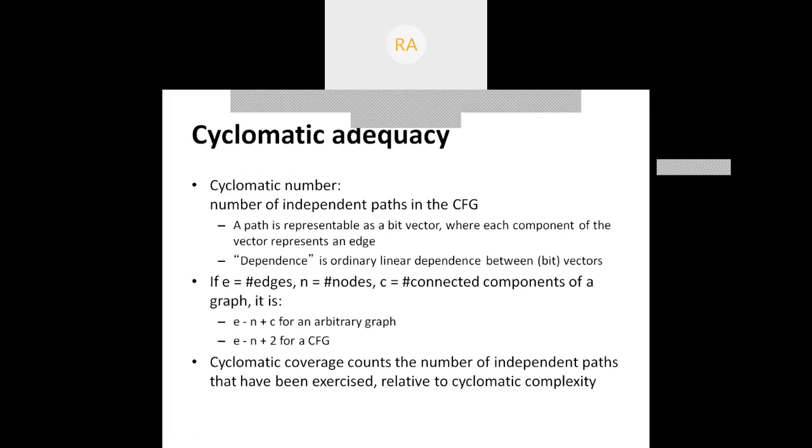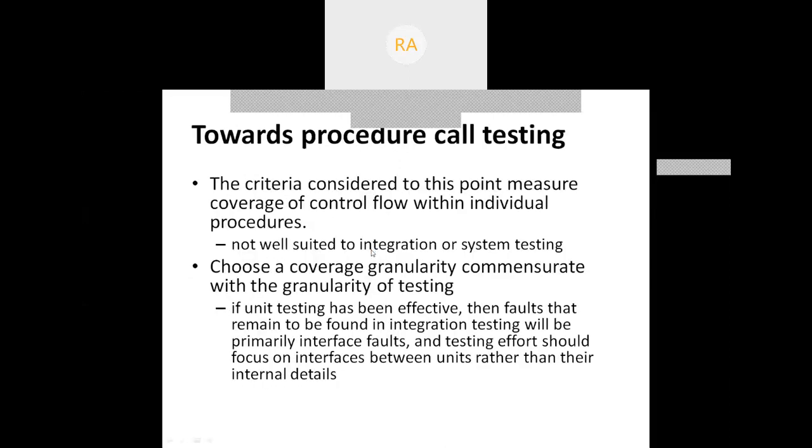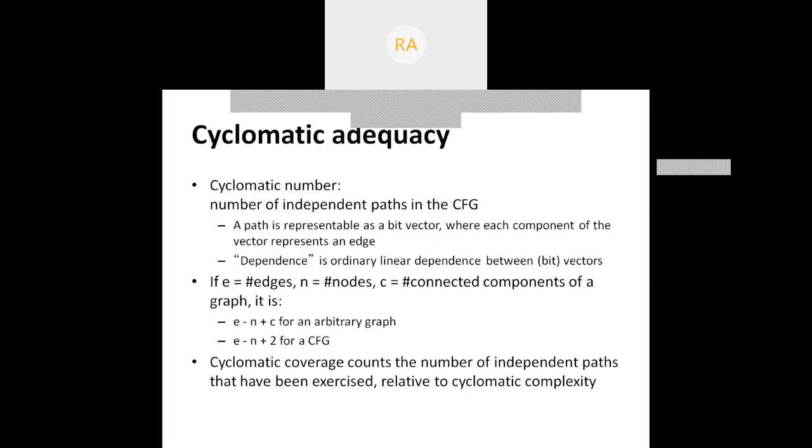How do we measure this? It is basically associated with the paths in the source program, and with the number of independent paths present in the control flow graph.